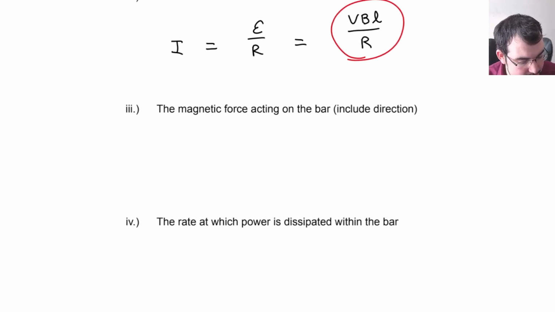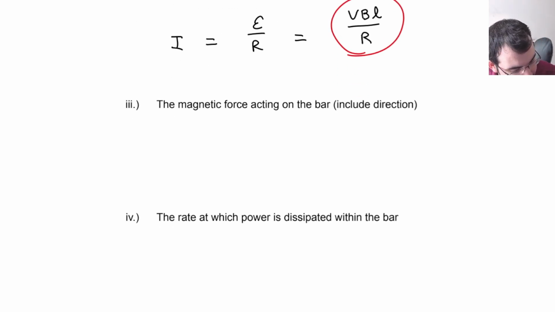Include direction. Okay, so we'll come back to the direction thing. But we do know that this is a current carrying wire, or at least a current carrying conductor, so it's subject to the BIL force. B is B. We just solved for I. I was VBL over R.